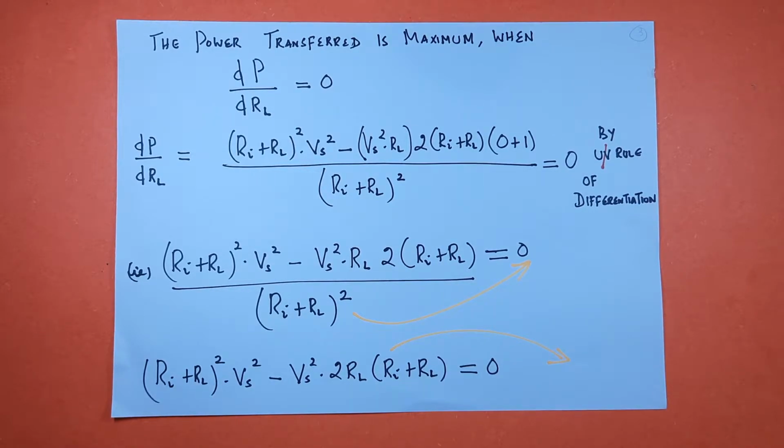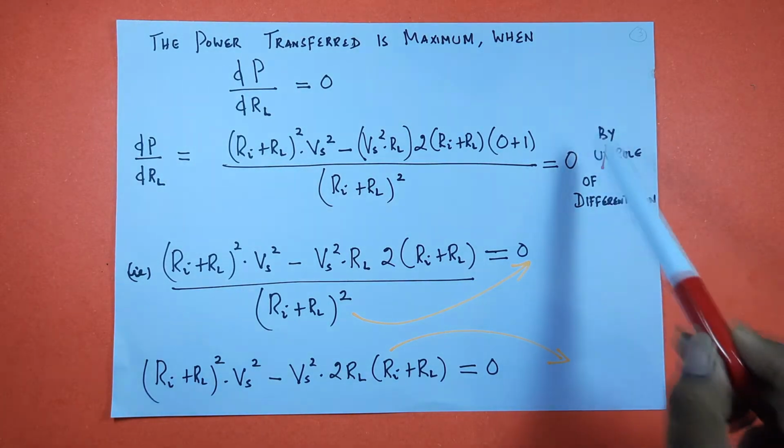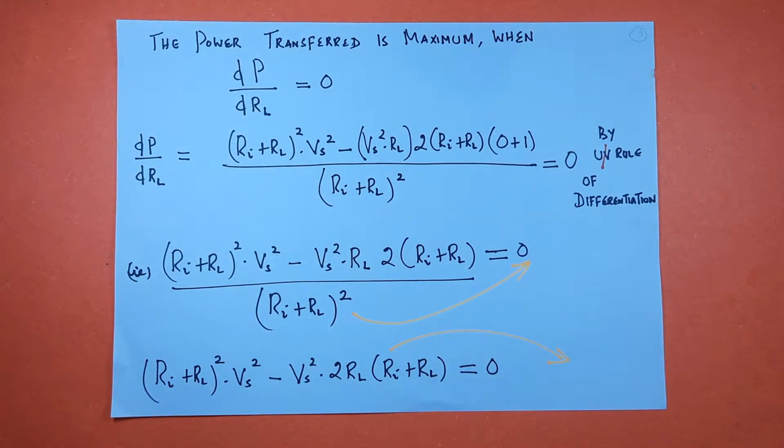We have the expression for power, and we have to differentiate that expression with respect to RL. We will use the U by V rule of differentiation.